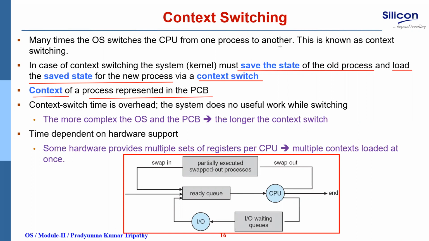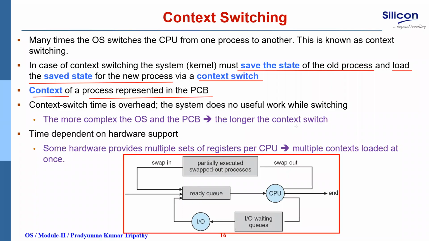Now see, suppose the context switching occurs many times. Whether it will be good or bad for the system, if the context switching occurs more times, because I have 5, 10 or 20 programs, many processes in my memory? If the context switching occurs many times, is it good or bad?